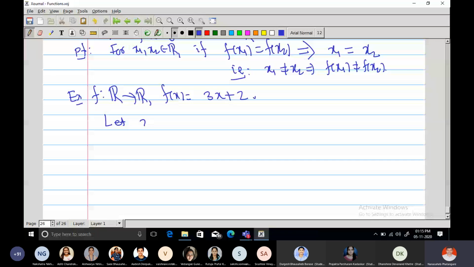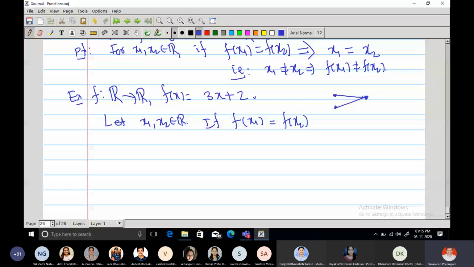Choose any two elements and suppose their images are equal. What is the problem if two distinct elements have the same image? Then the function is not 1-1, right? But if images are equal, then there is no way that the pre-images are unequal. So pre-images must be equal.